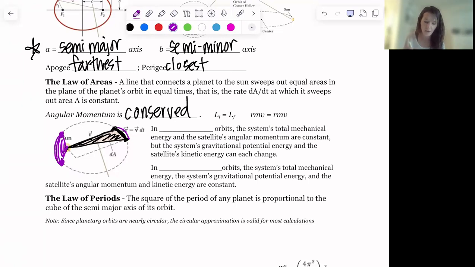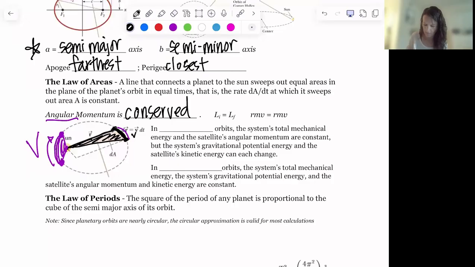What's happening there, and why we care about angular momentum, is that we have a much faster velocity over here and a much slower velocity over here. That's because of our force due to gravity. As we're closer to the sun, it's going to be swooping out a lot faster. But our angular momentum is conserved as we go around.